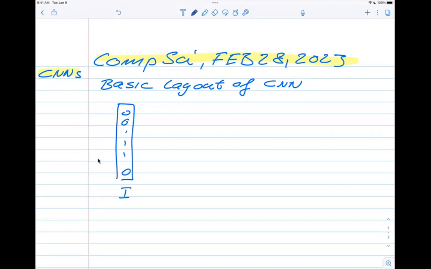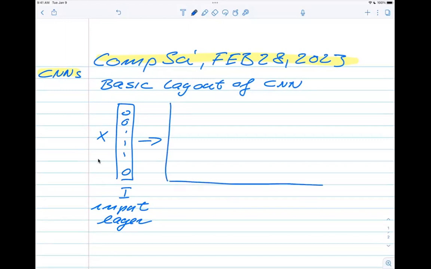So this is our input layer. And we label this as an X. And this is now fed into a block here, which I'm going to call the convolution part, because the convolution part itself contains not only the mathematics of convolution, but it contains some additional elements. So we have something which I'm going to call the convolution part here.